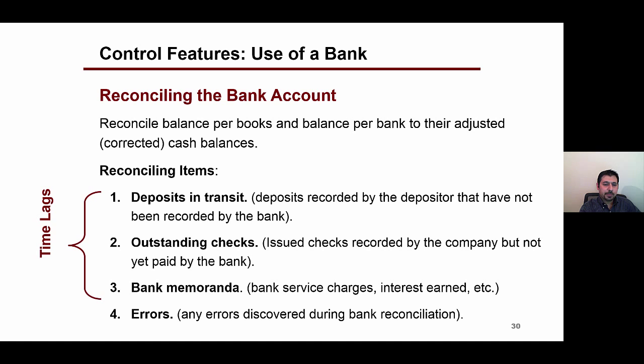So in order to make sure that the company's records are correct, both the balance per bank and the balance per company's records must be adjusted to reflect the correct and real cash balance.